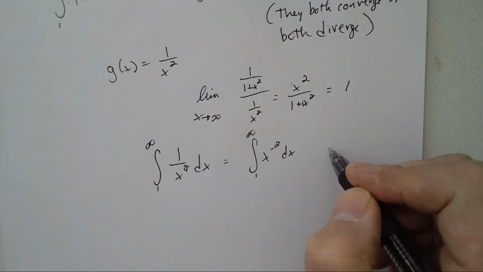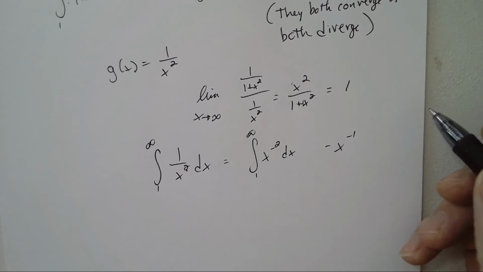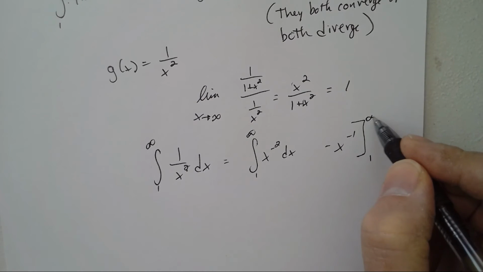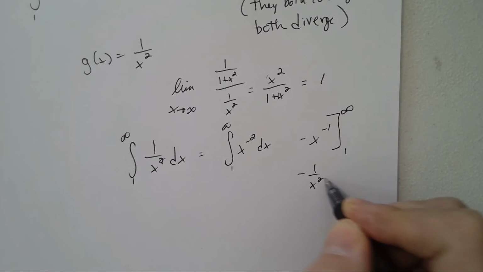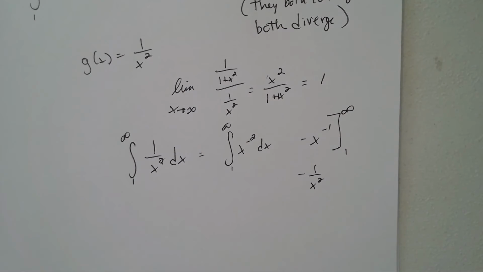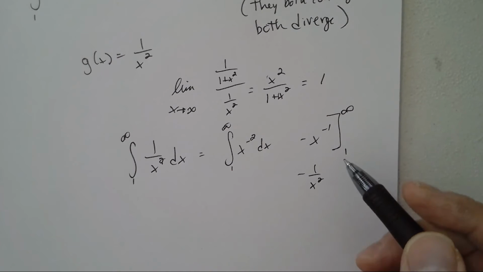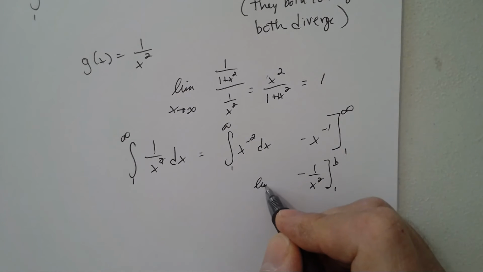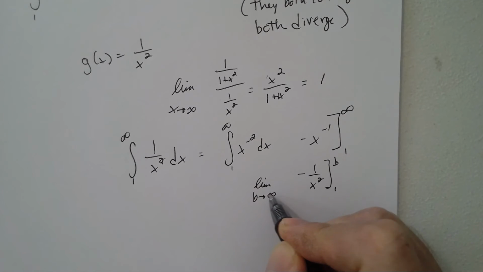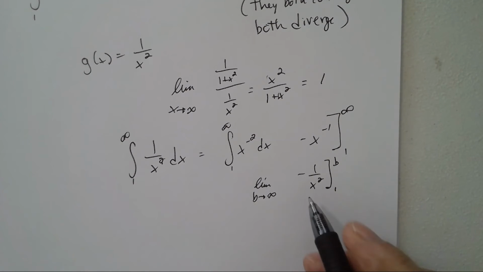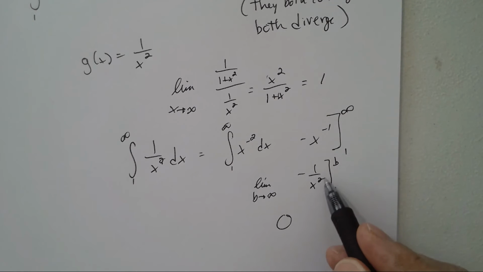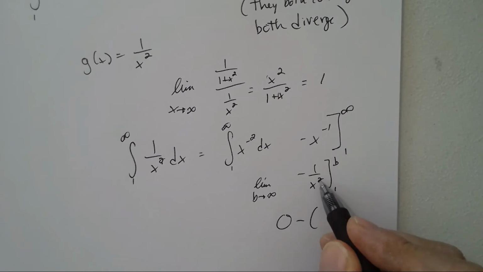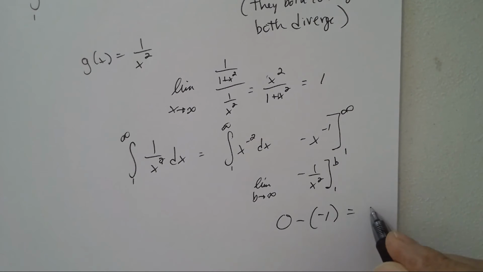The antiderivative of that is negative x to the negative 1, so it's negative 1 over x from 1 to b as b goes to infinity. So I get 0 because I plug in infinity and I get negative 1 over infinity, 0, minus plugging in 1, I get negative 1 over 1, which is negative 1. So we get 1 for an answer.